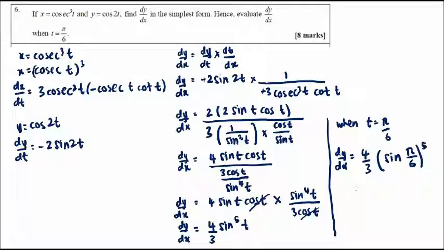When you substitute and check your value using your calculator, you will get 4 over 3 times 1 over 32, and that will be equal to 1 over 24. So that is our final answer for this question.